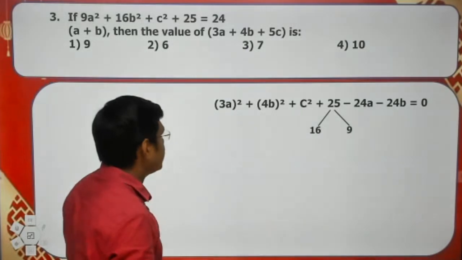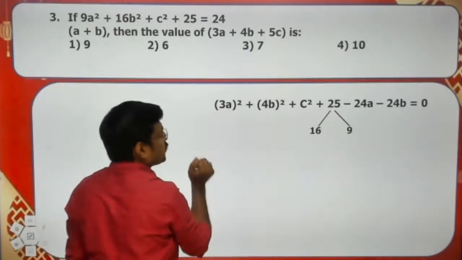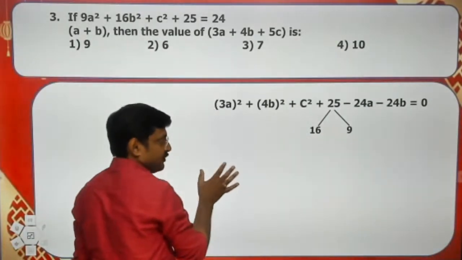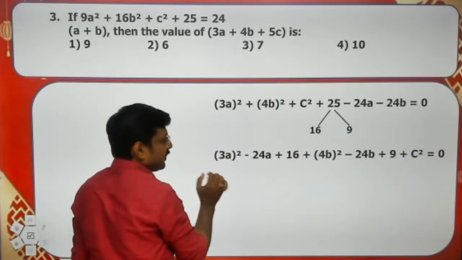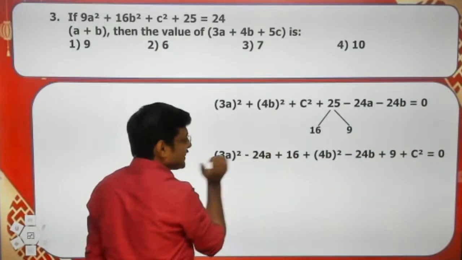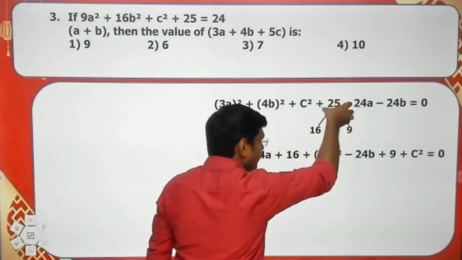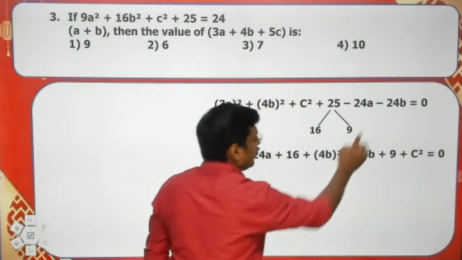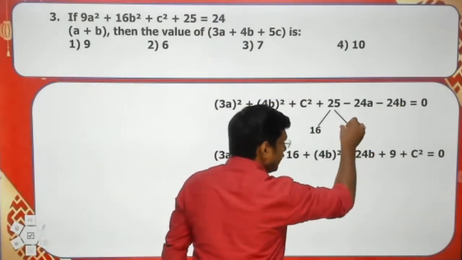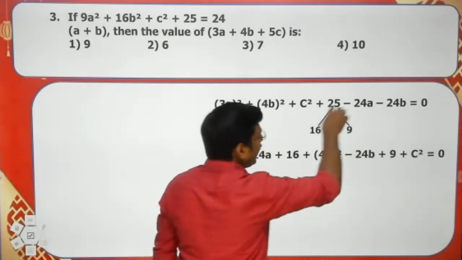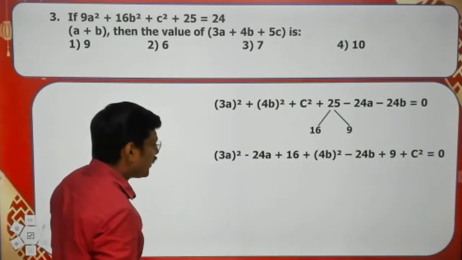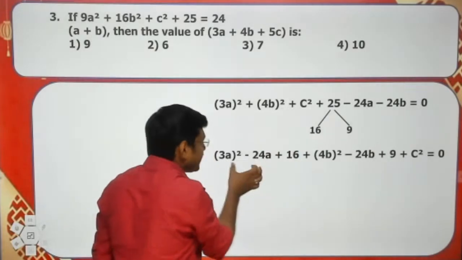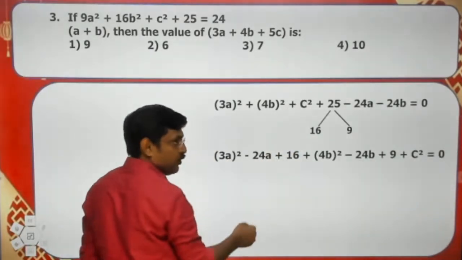And what I am going to do is arrange it in a way that is 9a square minus 24a, and I am taking 16 as a section. So you can see here 9a square minus 24a plus 16 is one set. That means I split this 25 into two parts. One part, 16, I am considering for section A, and next 16b square minus 24b plus 9, I am taking the other section 9 here, and that additional plus c square. On looking into this, we can see that 16 is 4 square, so this is an expansion of (3a minus 4) the whole square, right?